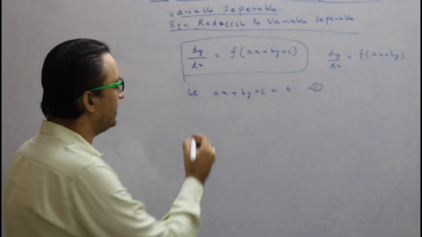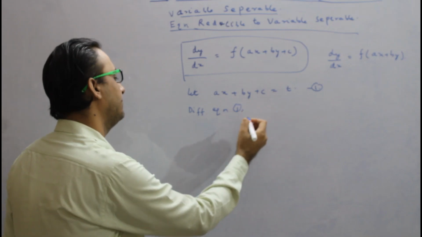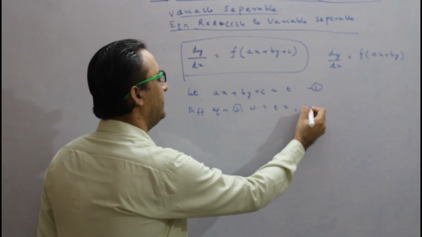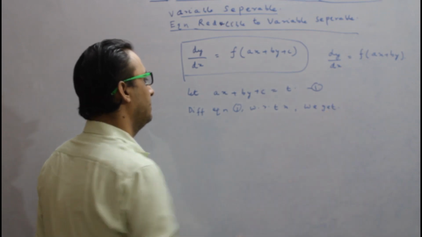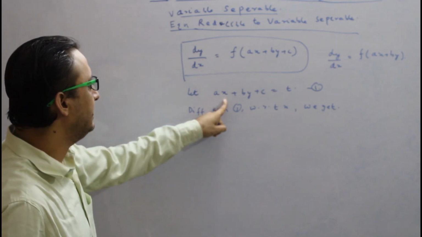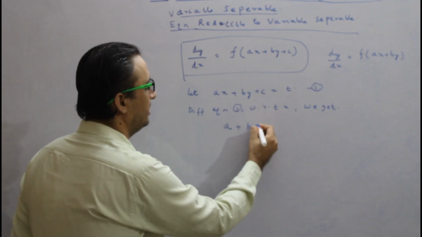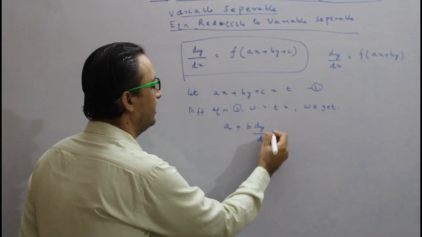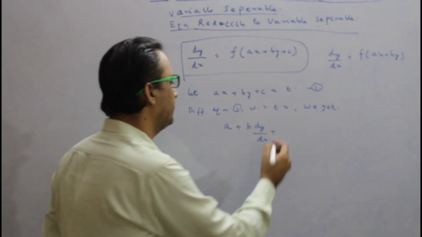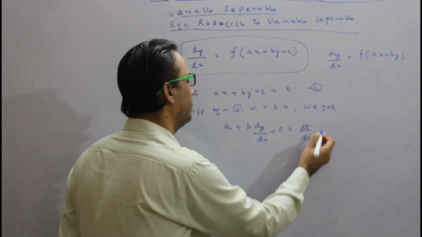If we differentiate our equation 1 with respect to x, we get, dx by dx is 1. So this is a plus, this becomes b dy by dx. And c is constant, so the derivative of a constant with respect to x is 0. And this we can write as dt by dx.